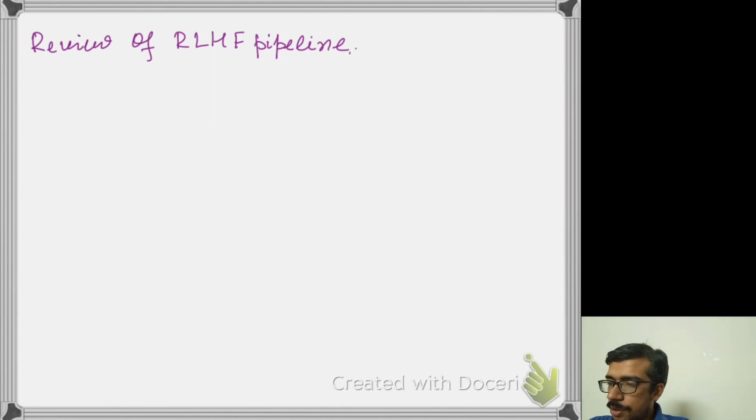The first stage in RLHF is to train an unsupervised language model. These are essentially the steps for general LLM training. RLHF is of course one part, but I'm listing down the full pipeline.